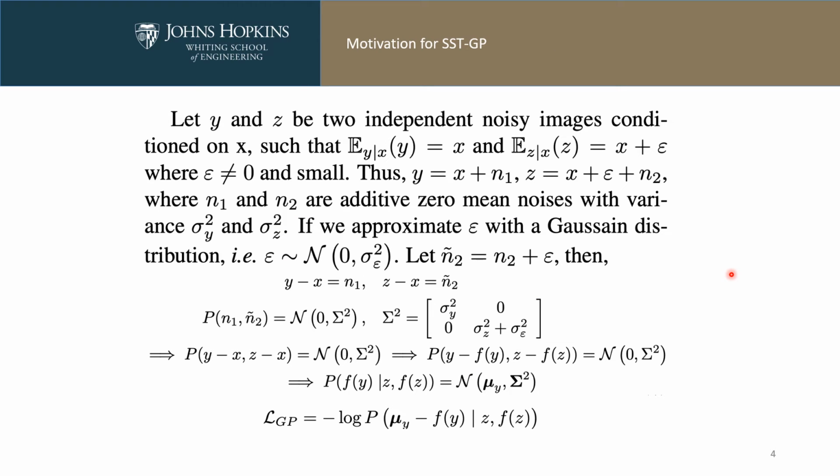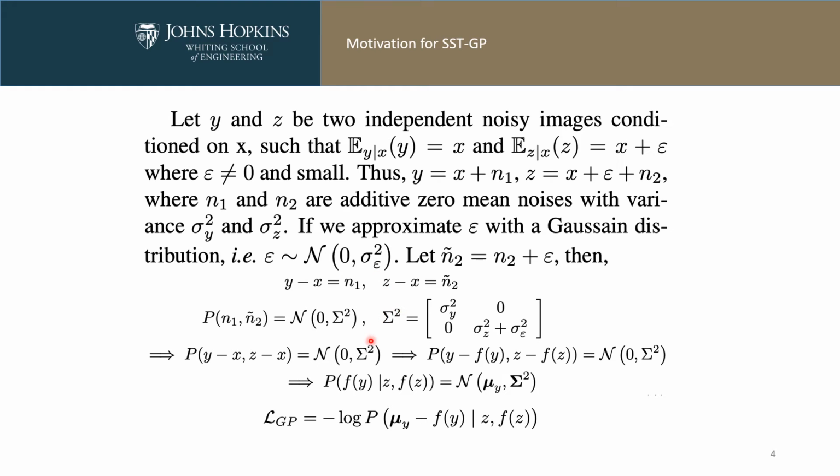Here in this slide, we explain the reason behind generating pseudo-ground truth using Gaussian processes. Let us consider two independent noisy images Y and Z, which have almost similar background image X, such that expectation of Y given X is X, and expectation of Z given X is X plus epsilon, where this difference epsilon can be formulated using a Gaussian distribution as shown here.